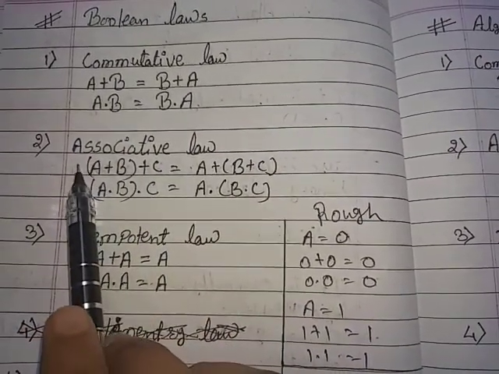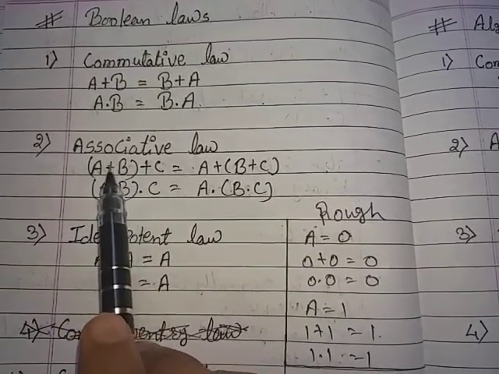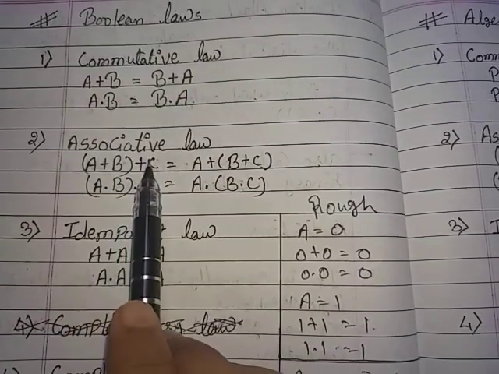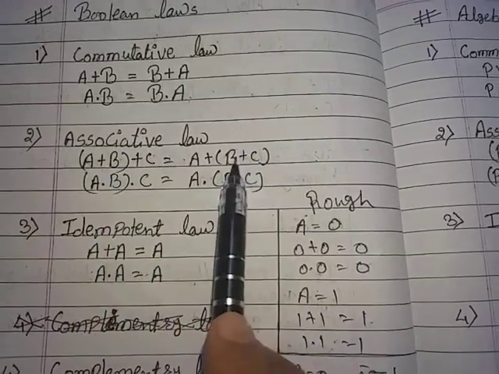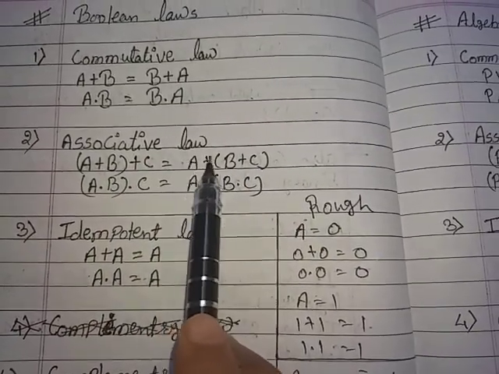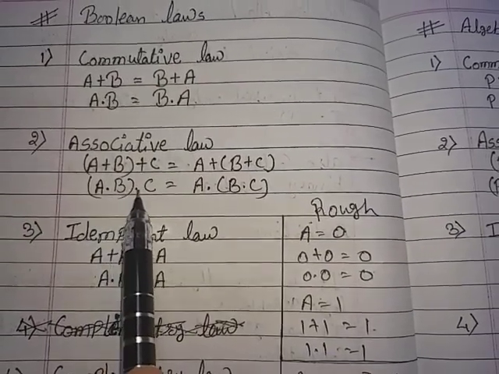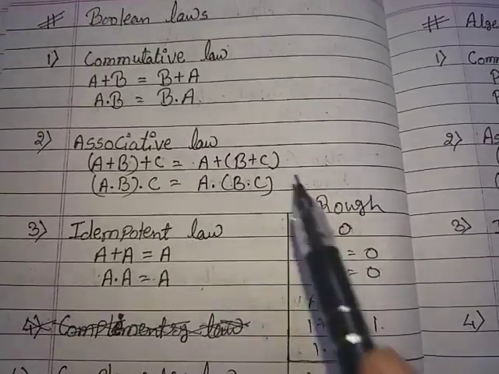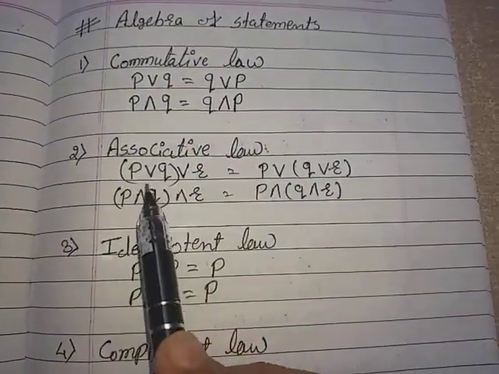We are also aware of this law: A plus B plus C. If we add A plus B and then add the sum of A plus B to C, that is equal to adding B plus C first and then adding the sum of B plus C to A. Similarly, A dot B dot C is equal to A dot B dot C. The same law is applied in mathematical logic as well.